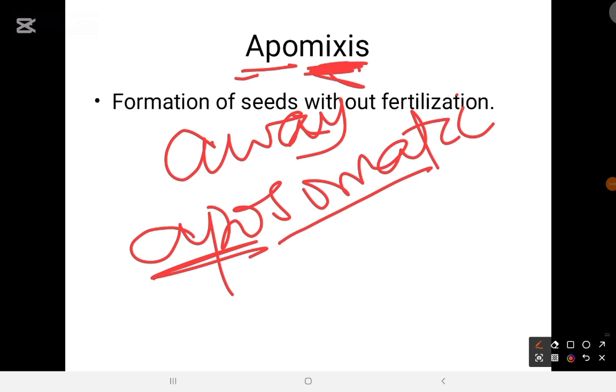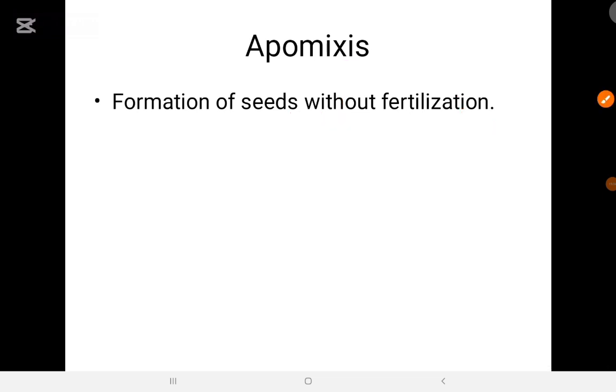It's a form of asexual reproduction. The seeds are produced without fusion of gametes, and because of that, the offspring will look like the parent. It's just formation of seeds without fertilization.